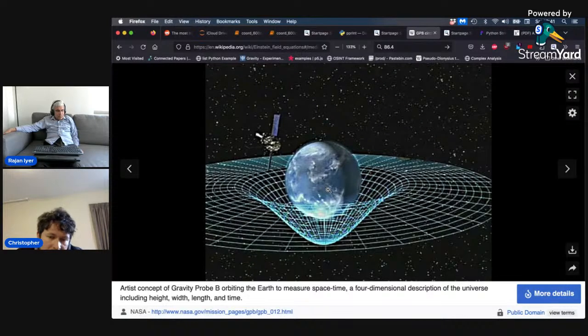So matter is telling space how to curve, but then I don't know if it's telling it how to move, right? It's not giving the initial conditions, like we just spoke of, what is the motion of the satellite. Because if the satellite is completely stationary, then I agree.